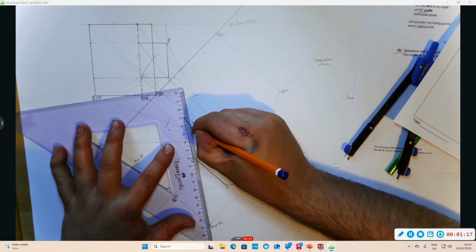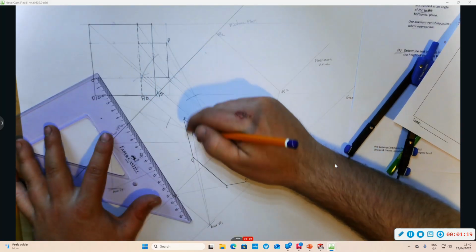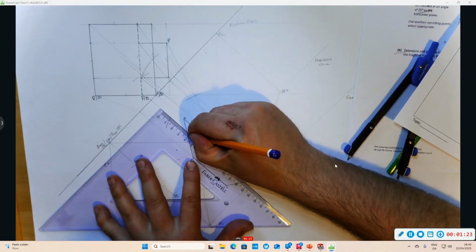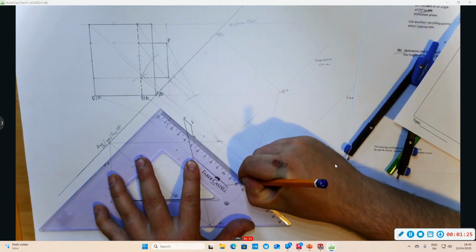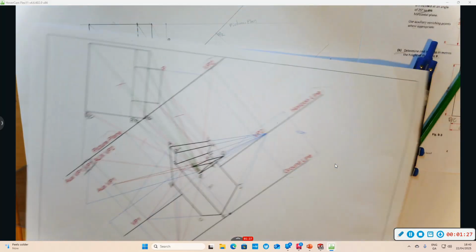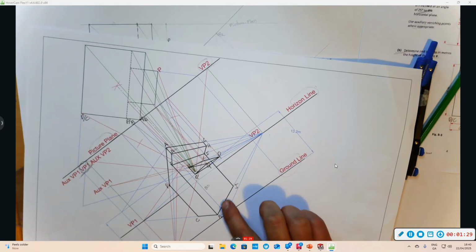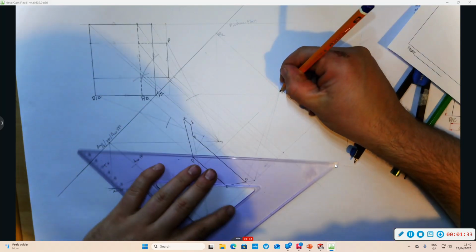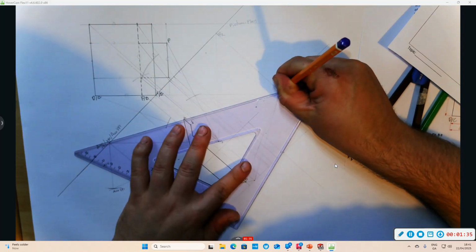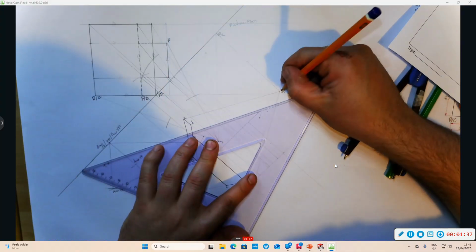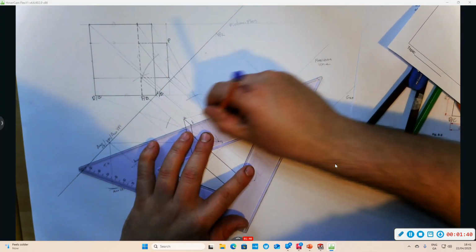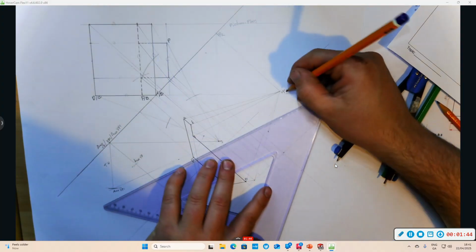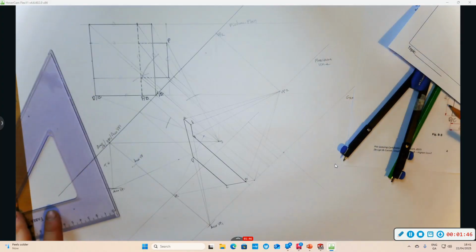Now I can heavy in this line to touch the one coming down from B. There's point F, and we can join that to B. Now, these lines are going off to VP2, so I can join them to VP2. So A to VP2, E to VP2, F to VP2, B to VP2.